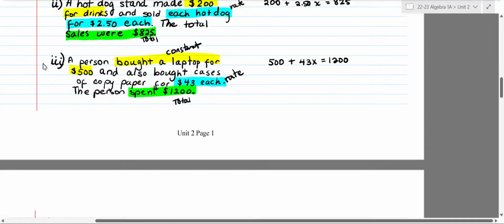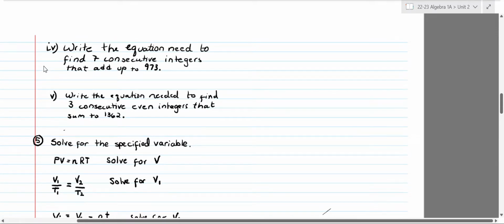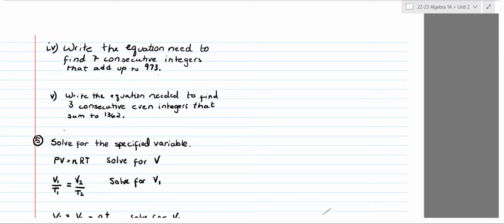All right, the next one, write the equation to find 7 consecutive integers. Consecutive integers go like this: x, x plus 1, x plus 2, x plus 3, x plus 4, x plus 5, x plus 6.